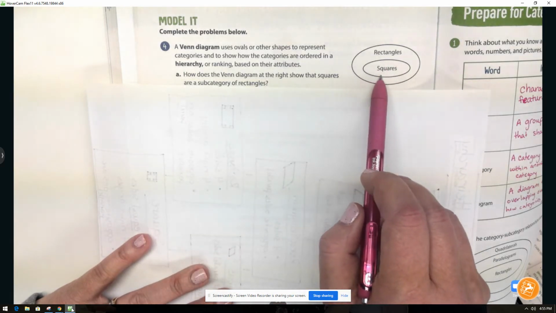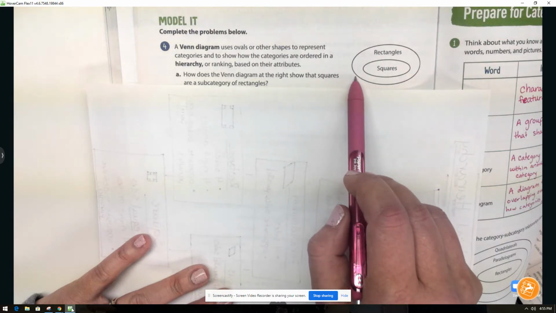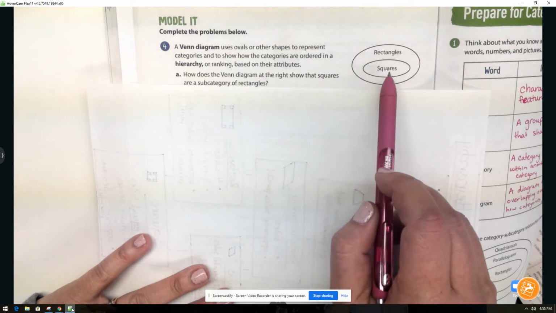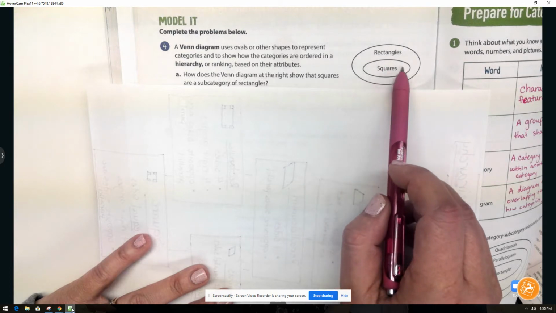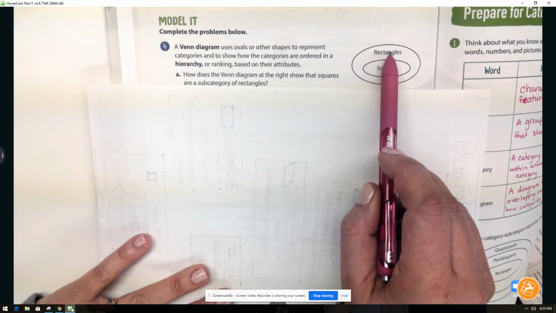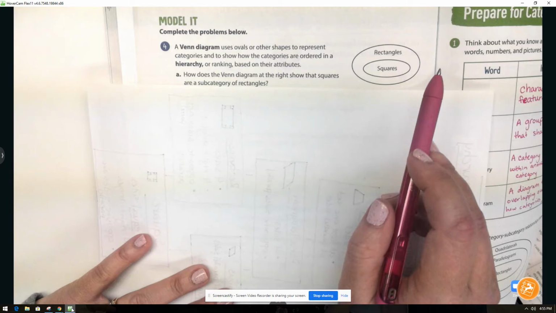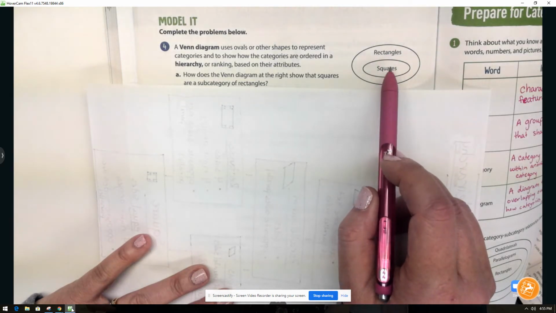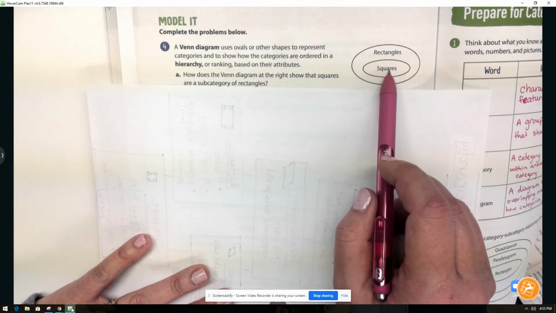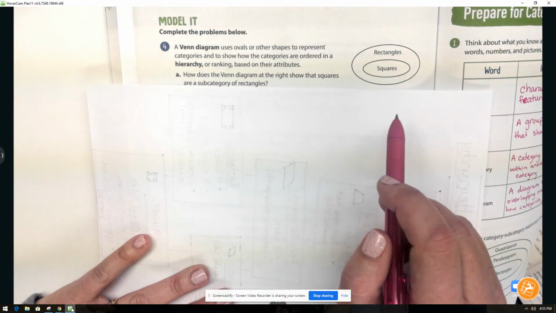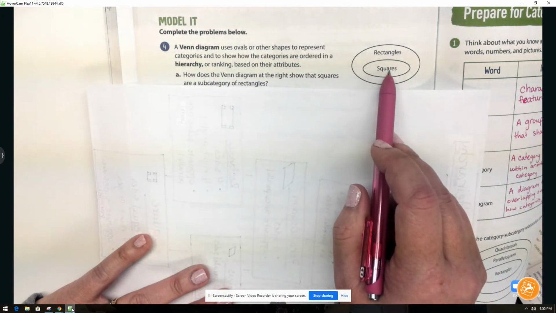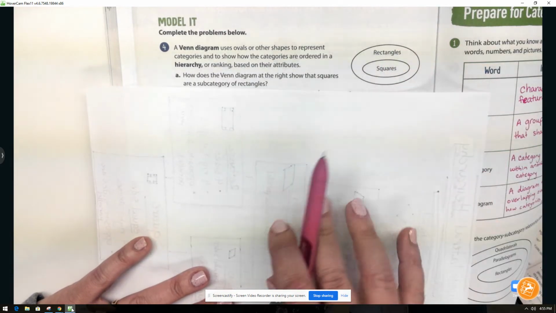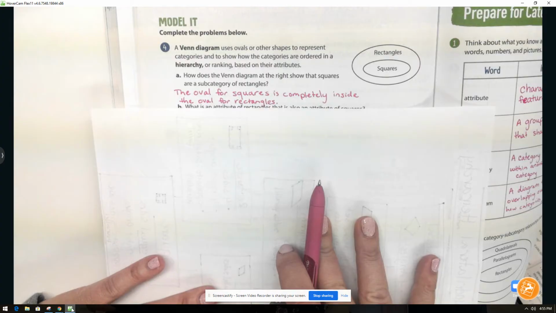So we see here that this square oval is completely inside of the rectangle oval. That means that all squares are also rectangles. But since rectangles are outside of squares, sometimes a rectangle can be a square, but not all the time. So that's why the square is inside of the rectangle and not the rectangle inside of the square.